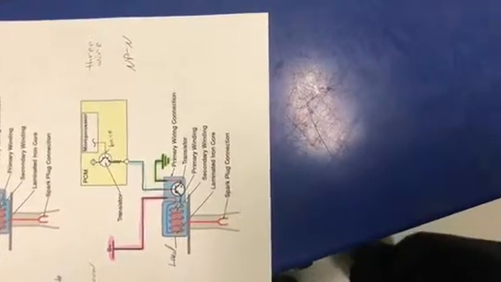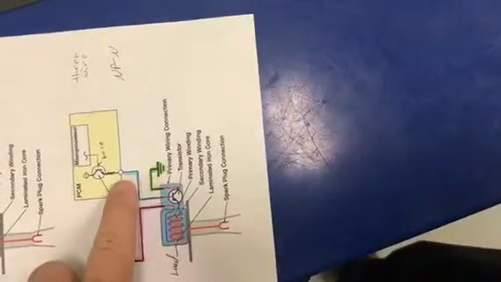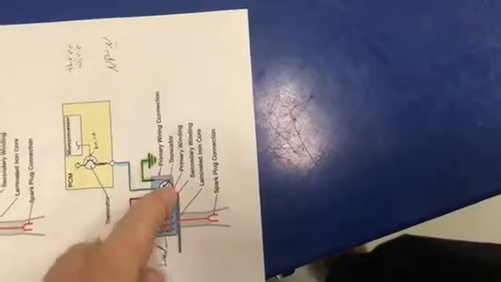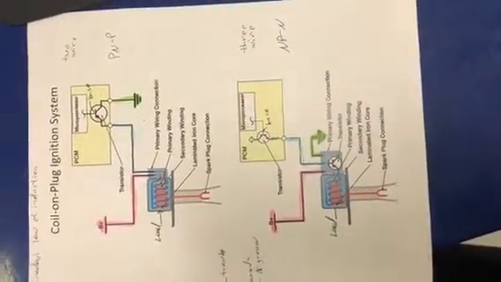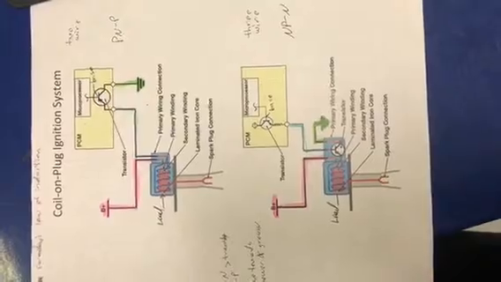Okay, the 3-wire system on the basics operates the same way. The only difference is you have a 3rd wire here, a signal wire, and you also have an extra transducer down at the actual coil. There are basically 2 types of coil. You got an NPN and a PNP.